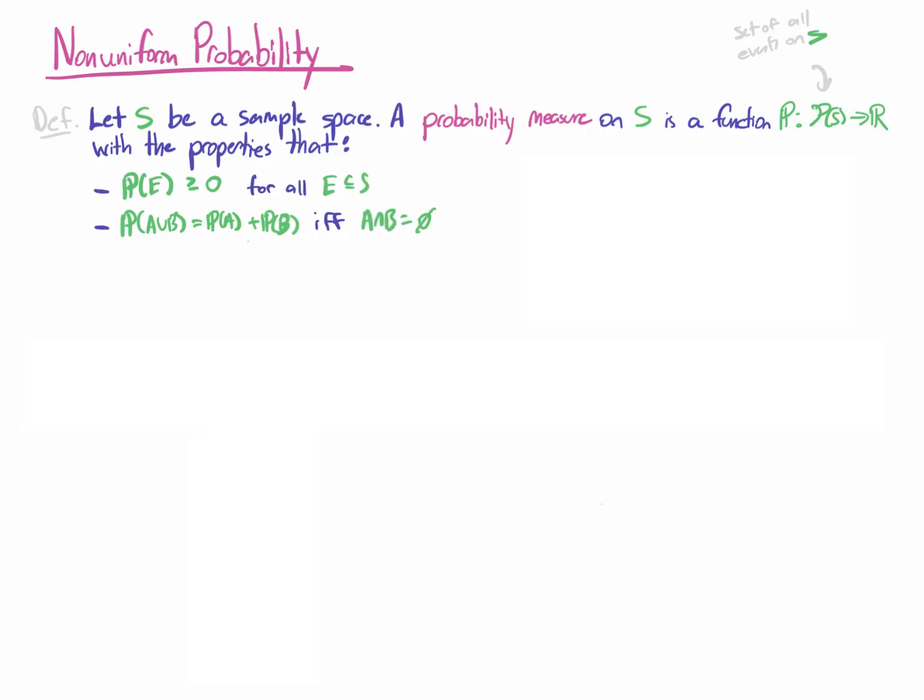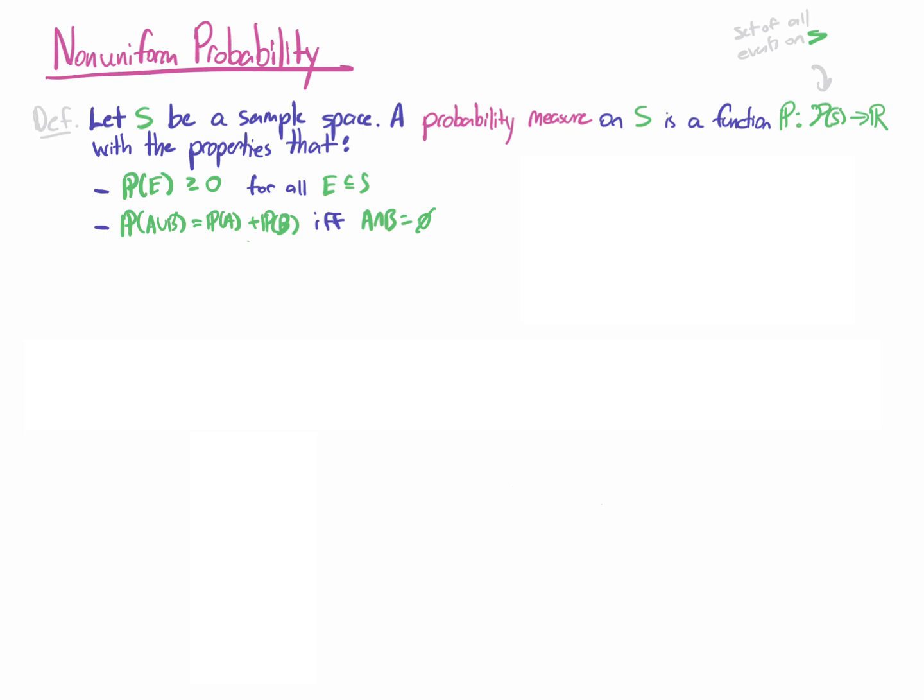So my idea from before that I was able to state as a theorem is now part of the definition. Whatever my method of assigning probabilities is, if and only if A and B are disjoint, I'm allowed to compute the probability of a union by adding the probabilities of the components.